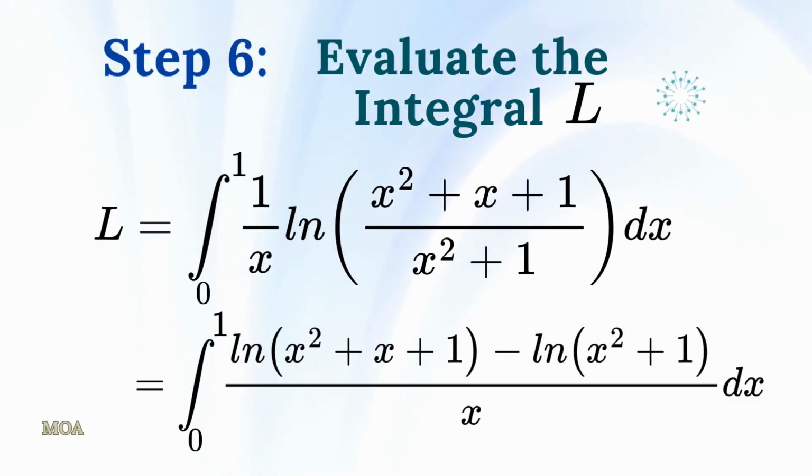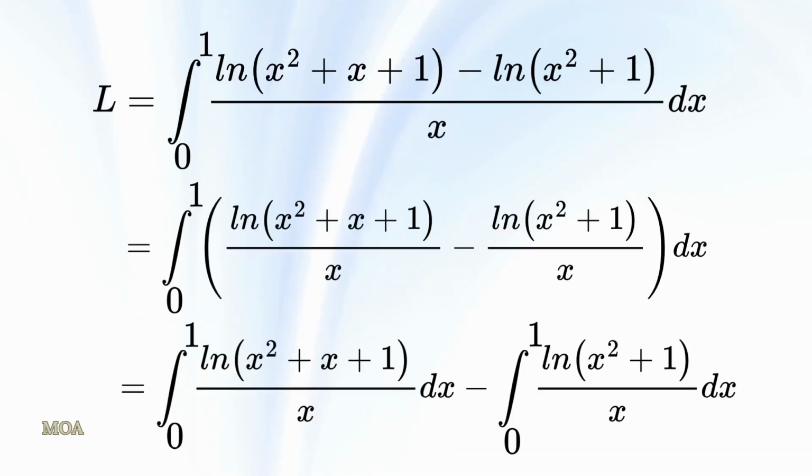The logarithm of a quotient equals the difference of the logarithms. Thus, we rewrite L as the integral from x equals 0 to 1 of the quantity natural logarithm of x squared plus x plus 1 minus natural logarithm of x squared plus 1 all over x with respect to x.